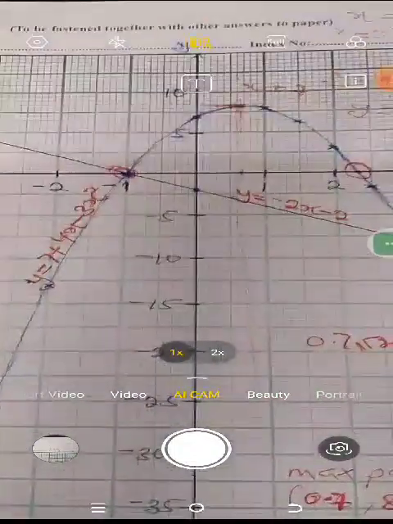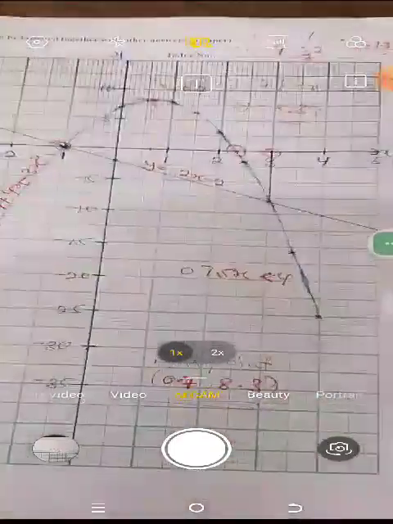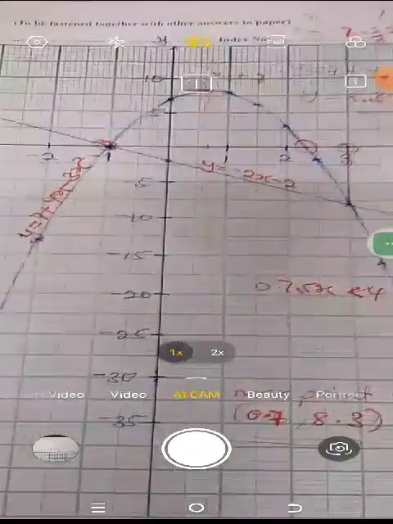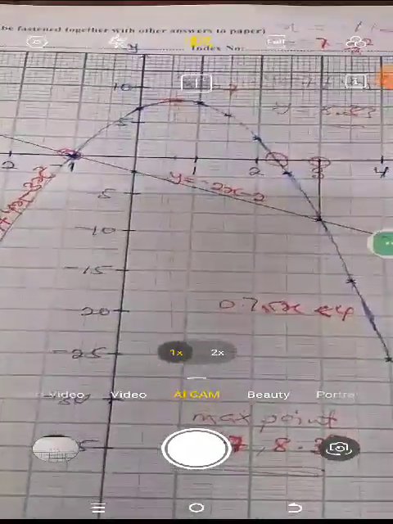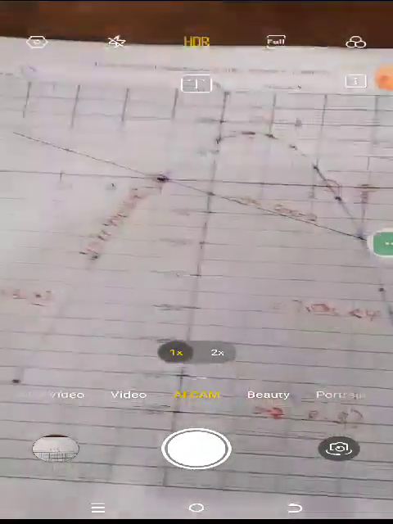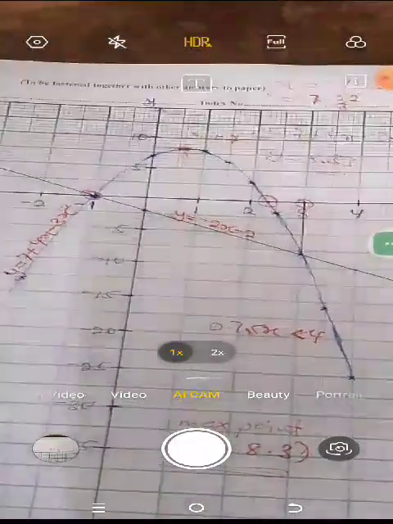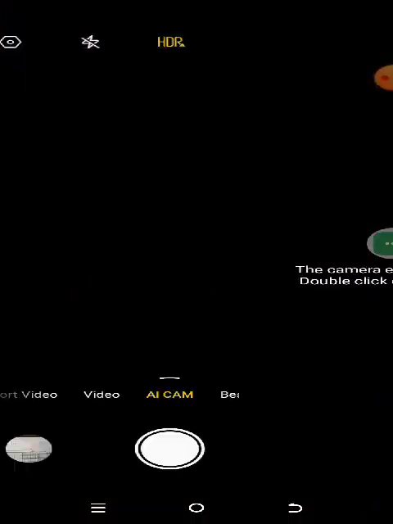So now, when you follow this video, then you don't have any problem when you are asked to draw a graph and to answer questions that follow. First, the equation of the line of symmetry. I teach you how to find it.